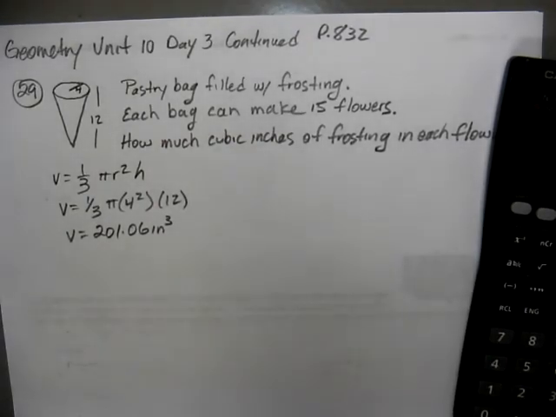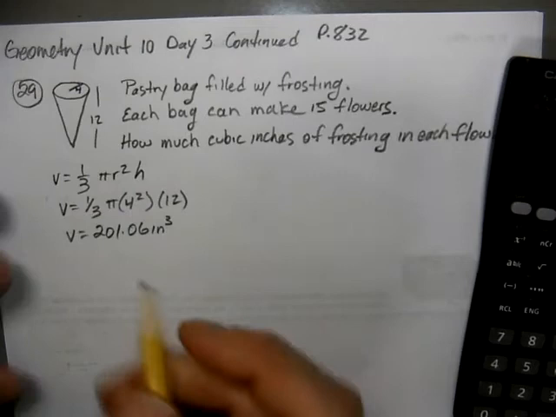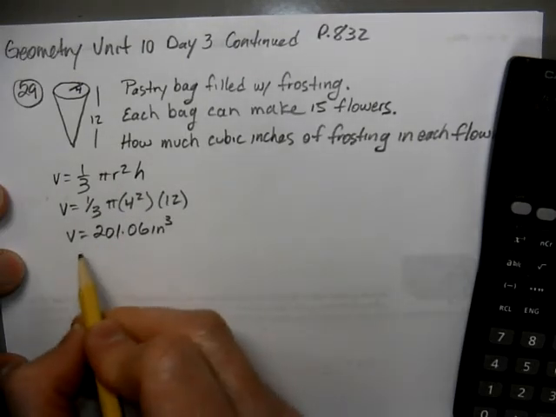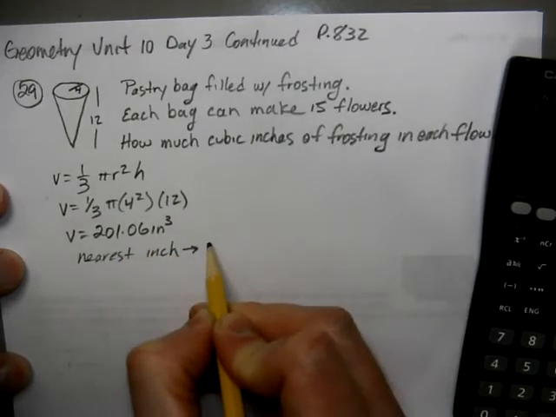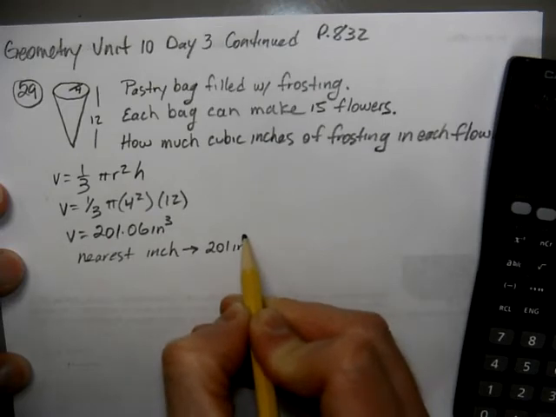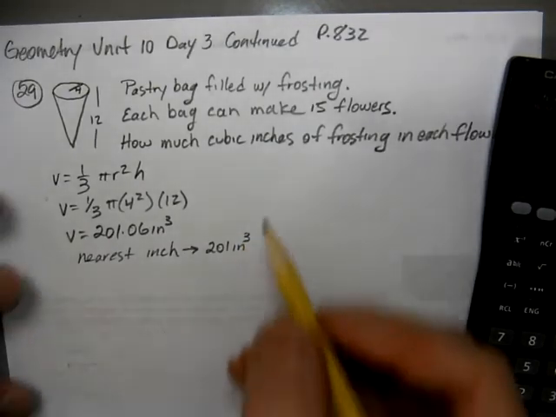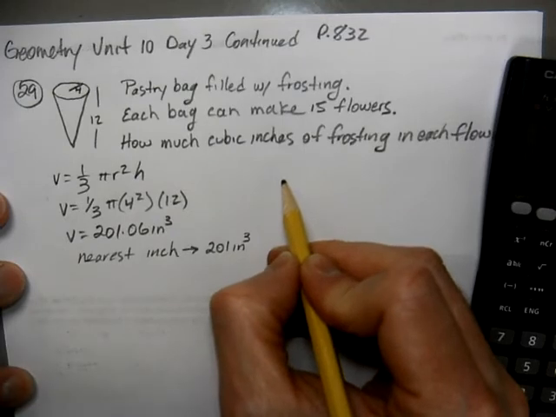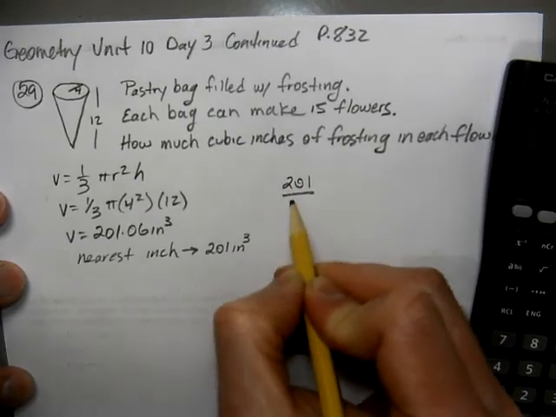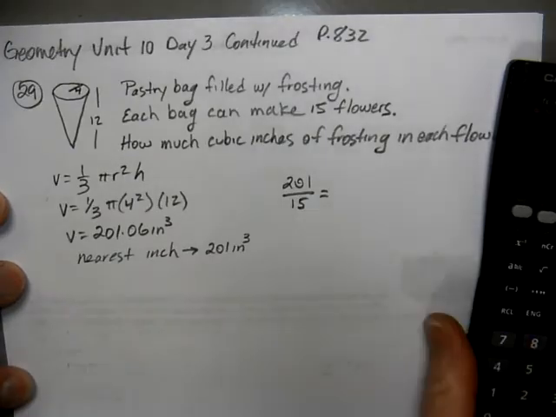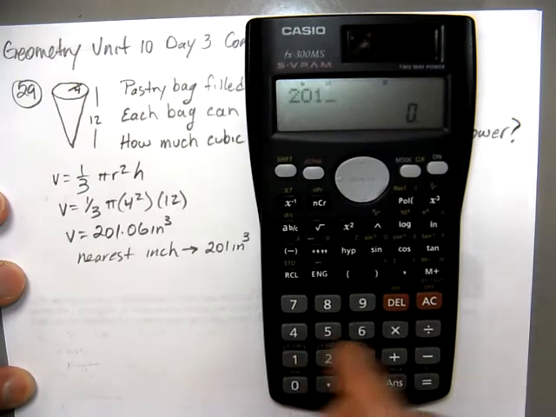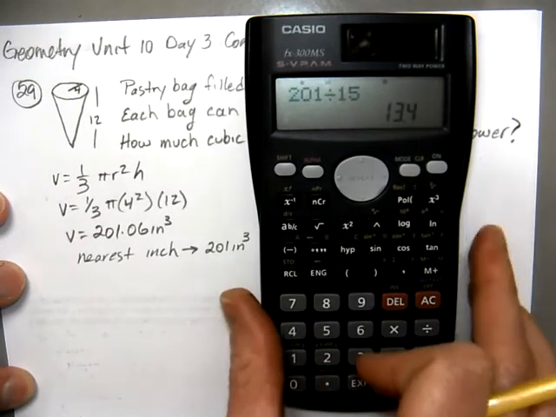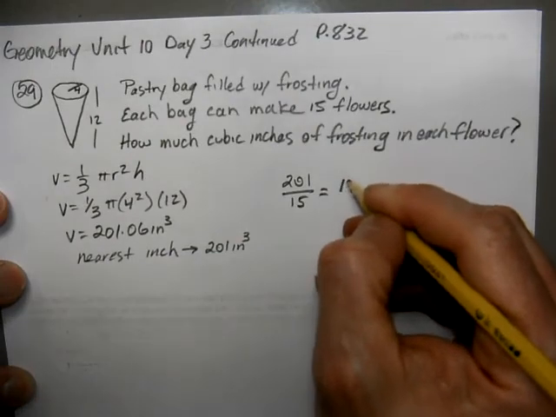Now, that's how much frosting is in each bag. They want us to round it to the nearest inch. So we're going to take 201, divide it by 15, and we're going to get 13.4.